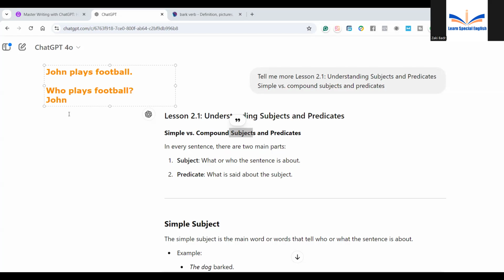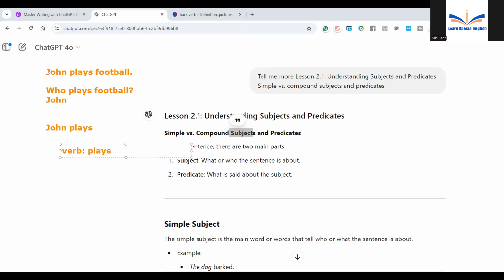John. So John is the subject. All right. The predicate is what completes the sentence. What comes after the subject is usually the verb. John plays. Plays here is a verb.